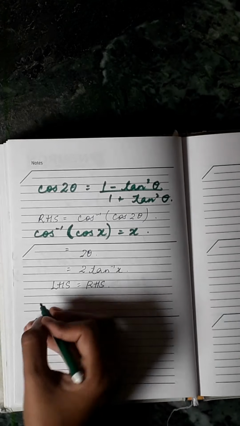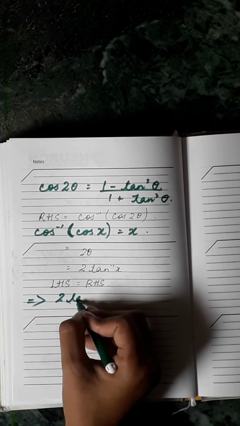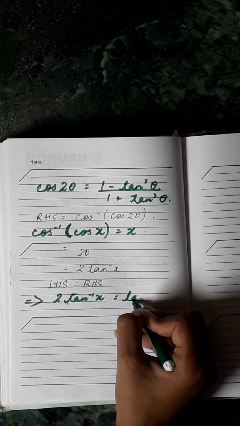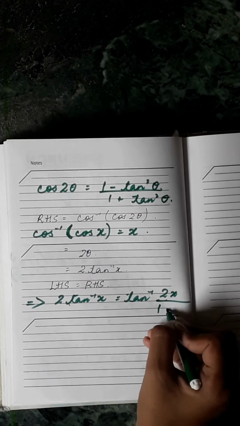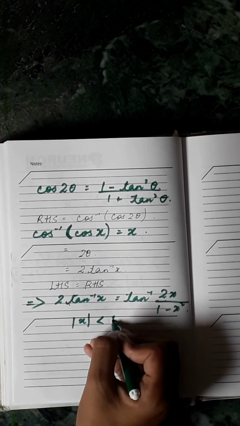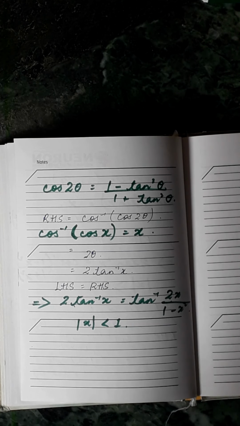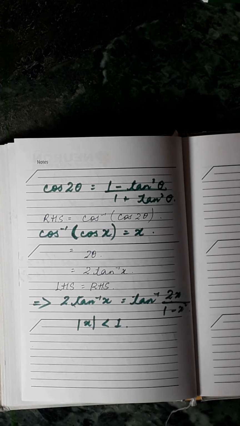Last and also the least property is 2 tan inverse x equal to tan inverse of 2x upon 1 minus x square, where mod of x is less than 1. Here what you have to do, again you have to let tan inverse x as equal to theta.